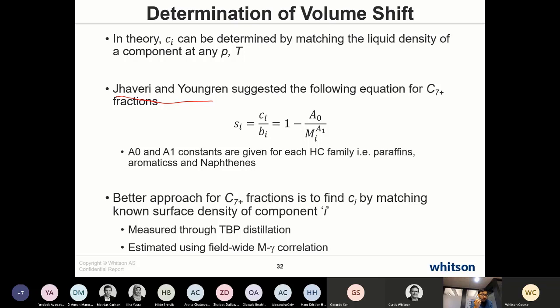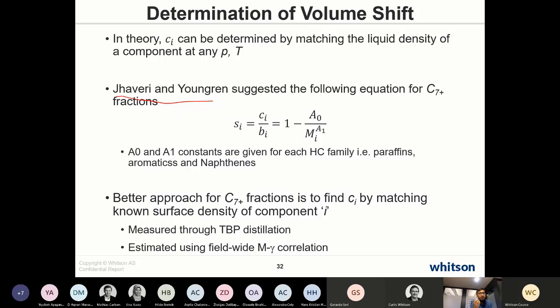The approach that I think is now used widely, and it's a simple approach to get this volume shift parameter, is to match the known surface density of each component. So for C7 plus fractions, for example, we know that those components exist as liquid phase at ambient condition.